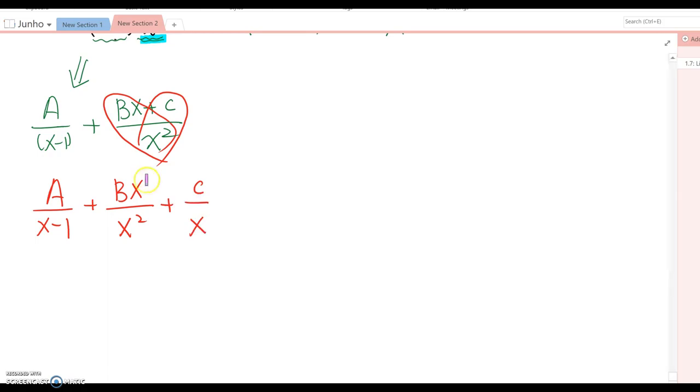Now you see we can cancel out one of these x, then the partial fraction decomposition setup becomes a over x minus 1 plus b over x plus, sorry, c over x squared basically.